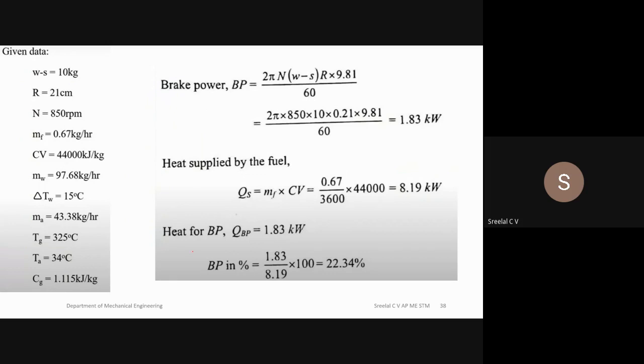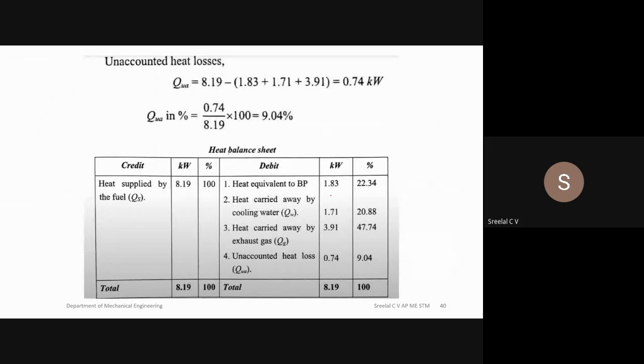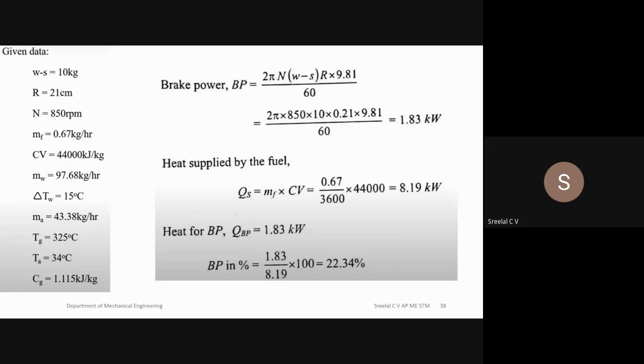Also we have to understand, from the total energy, how much energy is utilized for this particular BP production. We have to convert that into a percentage as well. So here the available energy is 8.9, right?